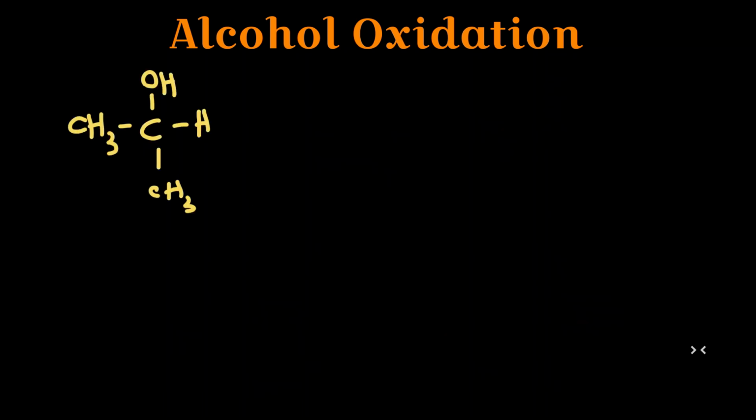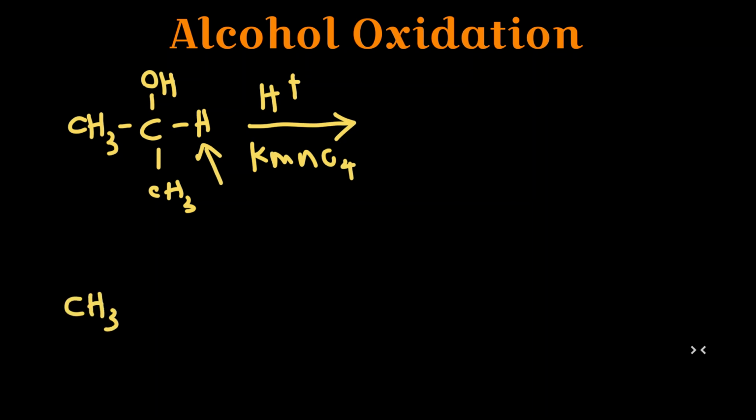Now consider a secondary alcohol. This has two CH3 groups, so we use the same oxidant, acidic potassium permanganate, and we need to get the final product of this reaction. First of all, as in the previous mechanism and steps, we replace this hydrogen atom with an OH group because there is an electronegativity difference between carbon and hydrogen.